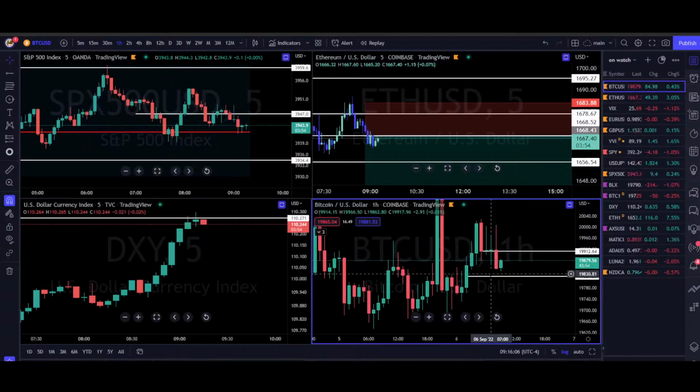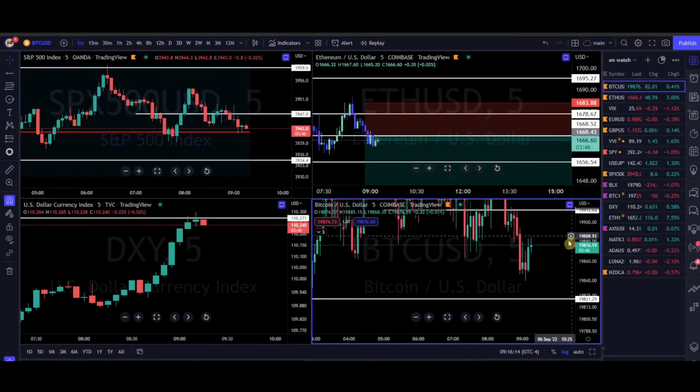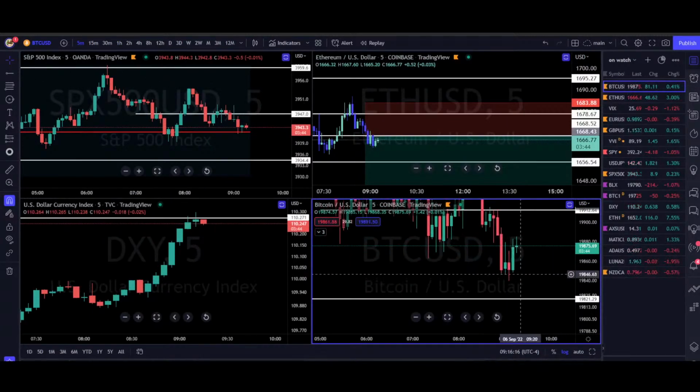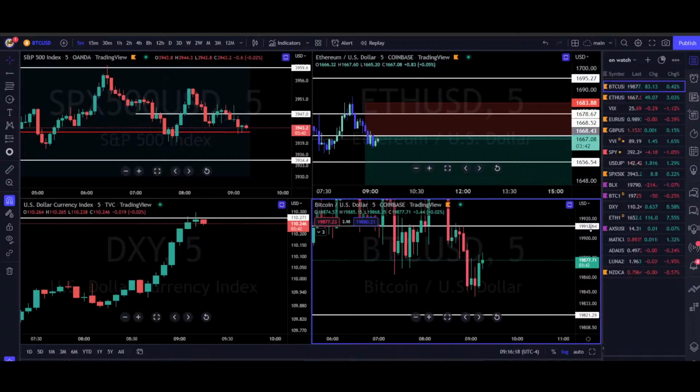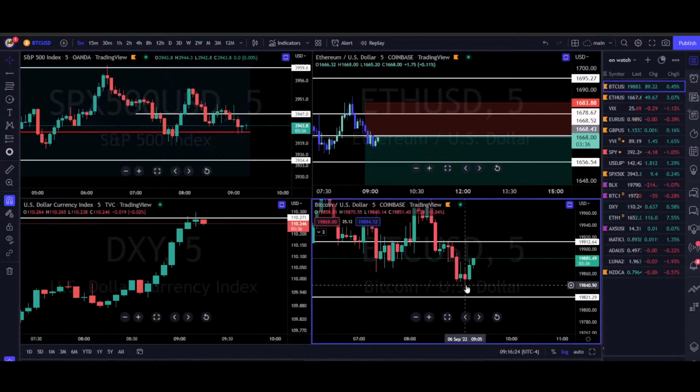We broke down below support. That is not what we wanted to happen. But what it does do is give you a lower spot to take the long entry. And currently the risk would be this swing low, because that's the hourly swing low.